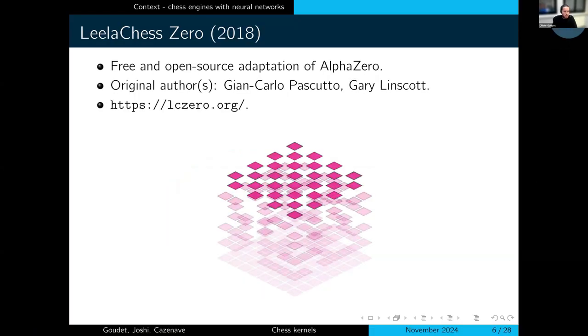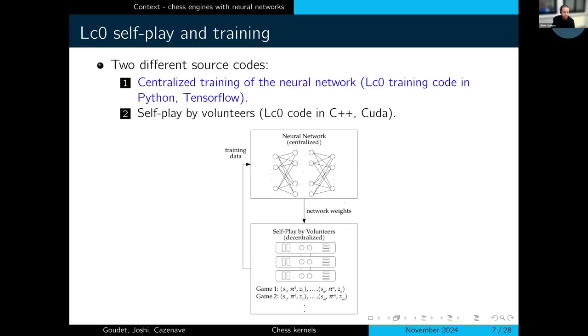More recently, there has been an open source adaptation of AlphaZero, which is called Leela Chess Zero. This was the starting point for our work. The Leela Chess Zero source code is in two parts, actually. One part is implemented in Python using the TensorFlow library.